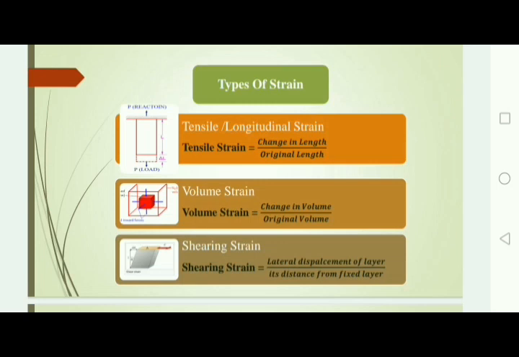Suppose the original volume of the body be V and its volume changes by a small fraction dV, then we can define the volume strain as dV by V. Then shearing strain: the ratio of lateral displacement of any layer of the body to its distance from the fixed layer. This is nothing but the shearing strain.